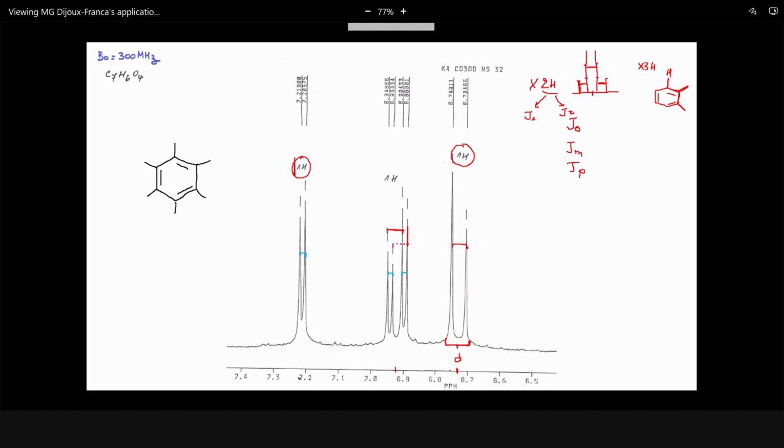Let me change the color. This one will be the blue one, and the other will be the green one.